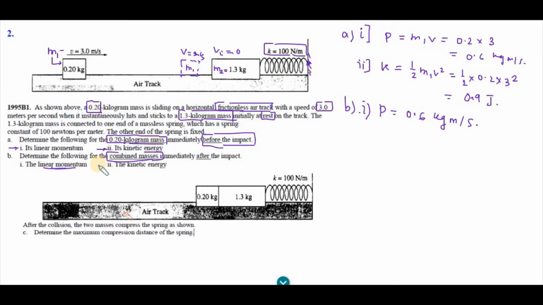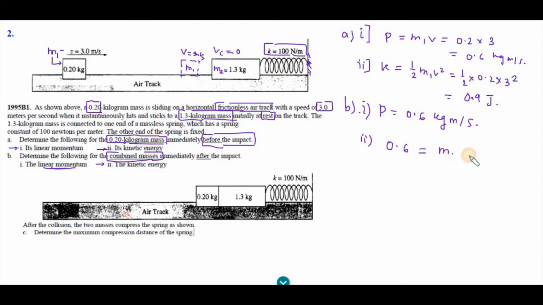Now we have to determine the second part, the kinetic energy. To determine the kinetic energy, we have to know the combined velocity of these two blocks, and in that case we can apply the conservation of momentum to find the combined velocity. According to conservation of momentum, total momentum before collision equals total momentum after collision.